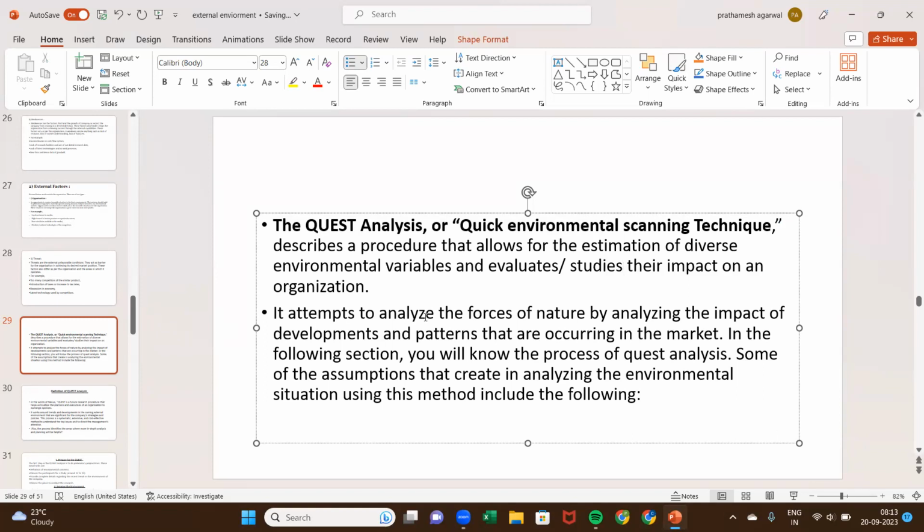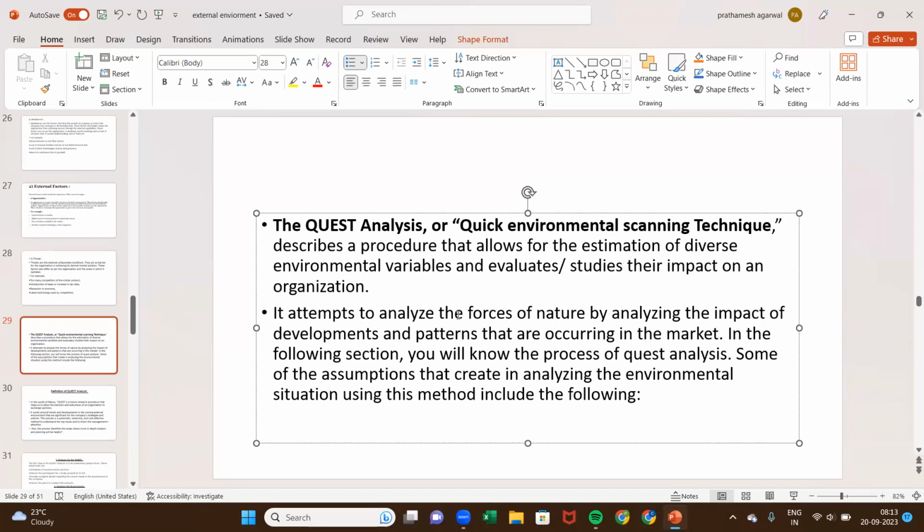It attempts to analyze the forces of nature by analyzing the impact of developments and patterns that are occurring in the market. So, what is exactly Quest doing? It is studying the environmental variables, first of all, and then it also studies the impact of those variables on the market or on the organization.